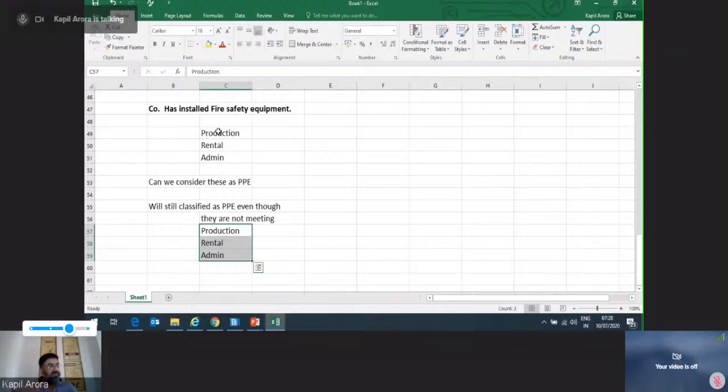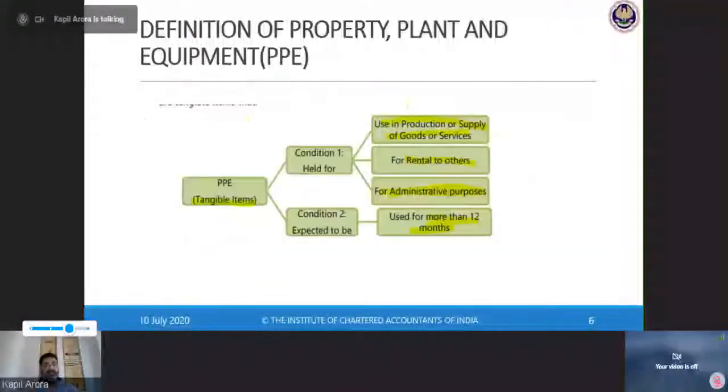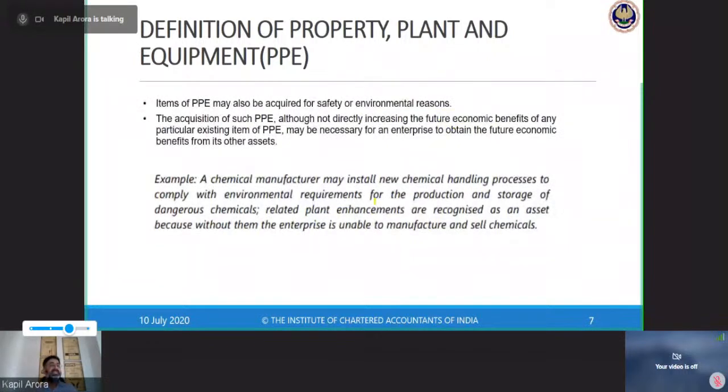They must be used for more than 12 months. But the thing is whether they are meeting these criteria so that we can recognize them as property, plant and equipment. Even if they are not kept for any of these purposes, it will still be classified as property, plant and equipment.